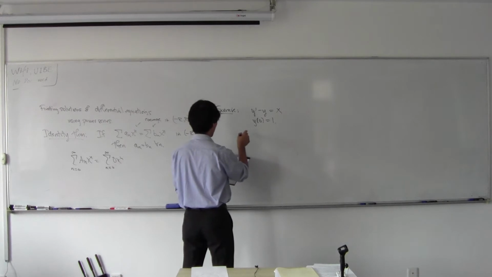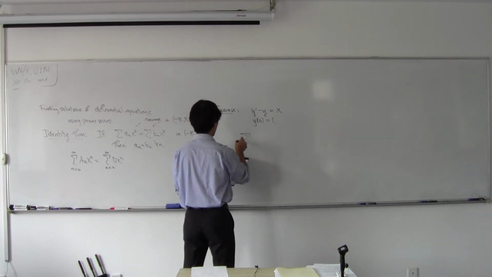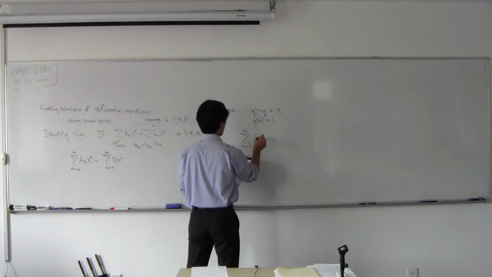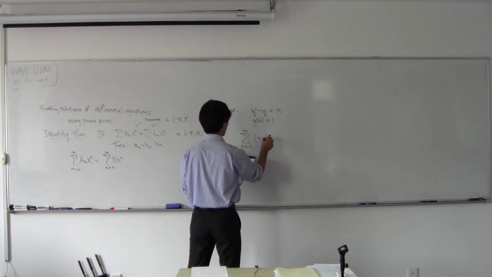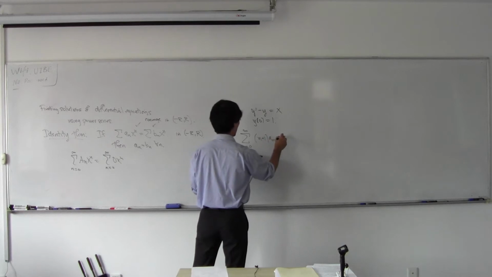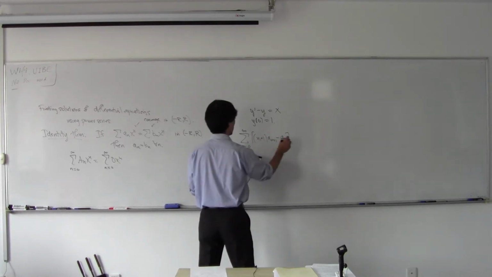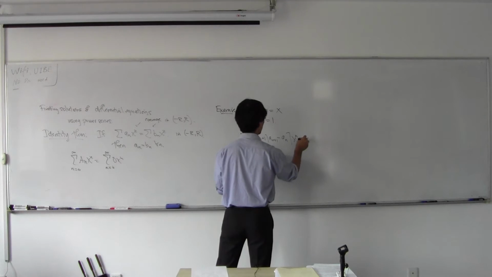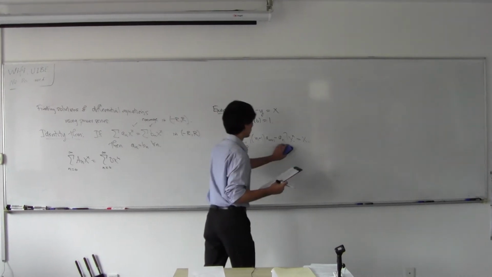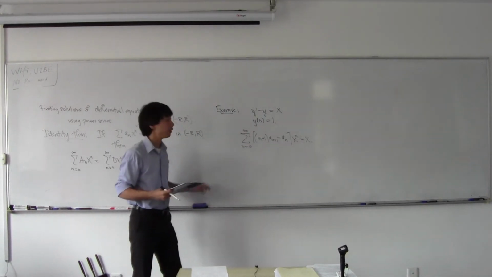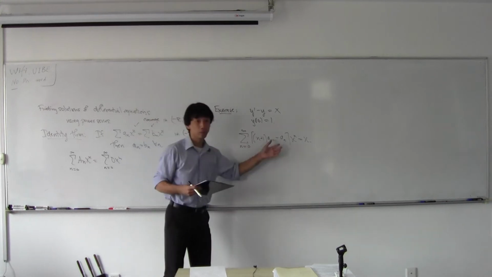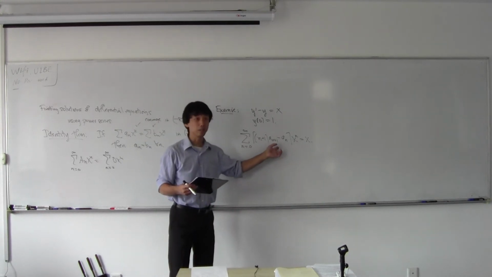And we ended up with the summation from n equals 0 to infinity of (n plus 1) a sub n plus 1 minus a sub n, times x to the n, equals x. Let me go over it again because it was kind of rushed.